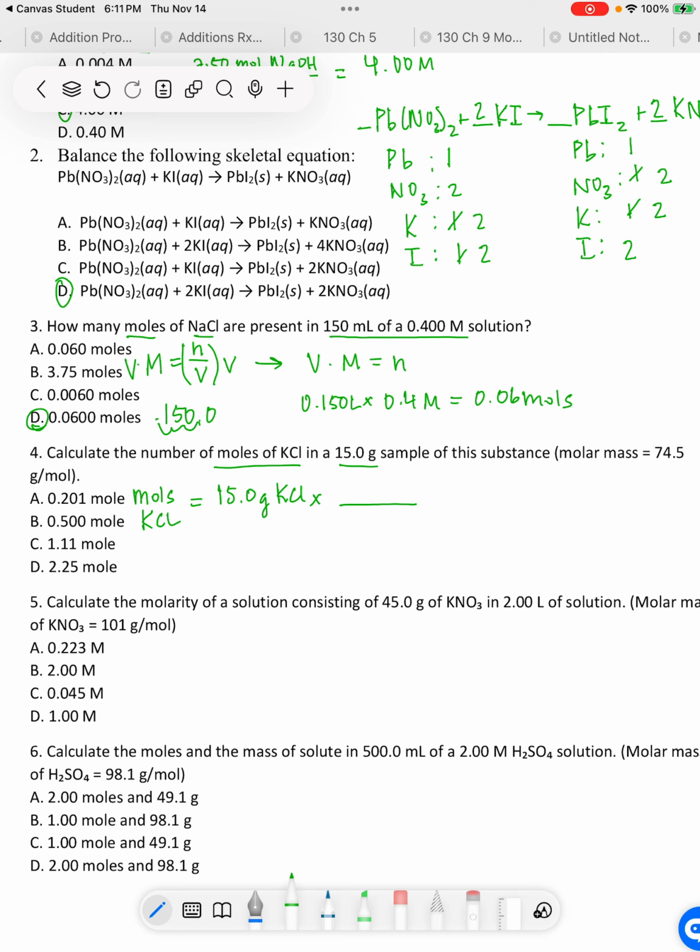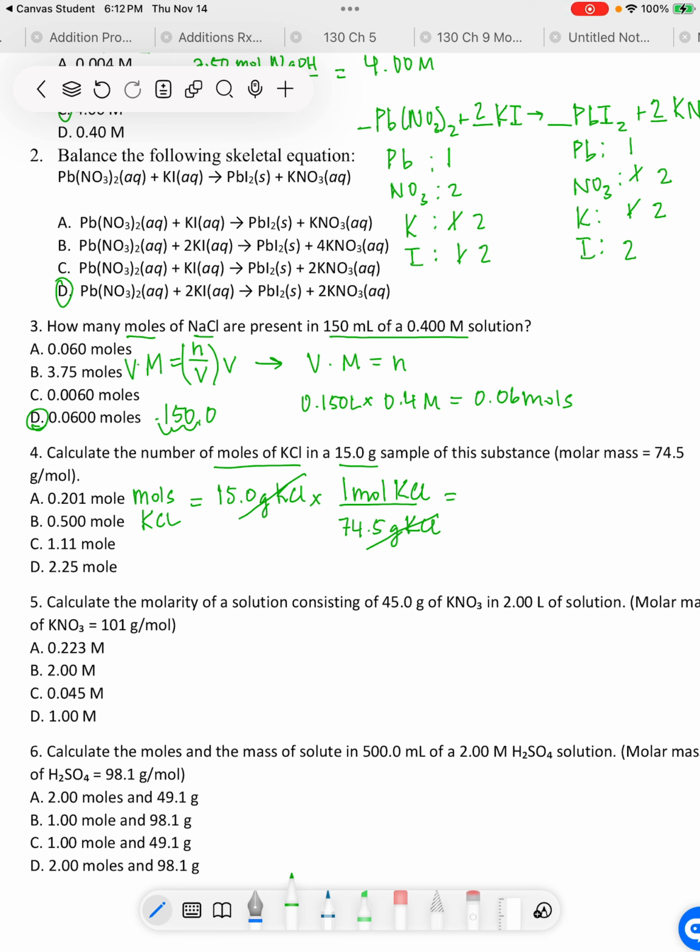We have to put grams on the bottom. So it gives us a molar mass, which is 74.5 grams per 1 mole of KCl. And our answer, we wanted moles of KCl. We have moles of KCl on top, and we can cancel out our grams.